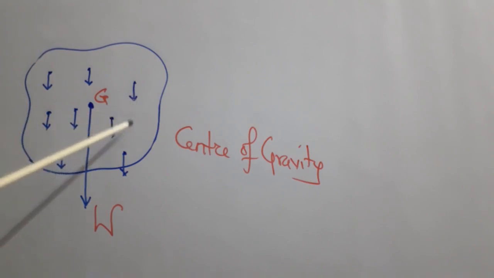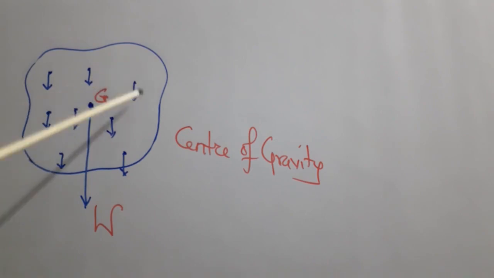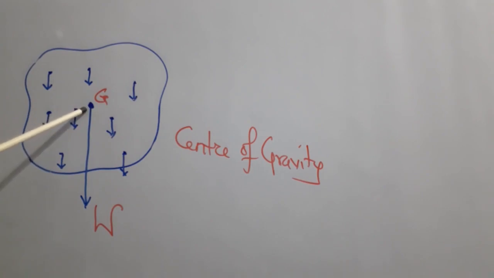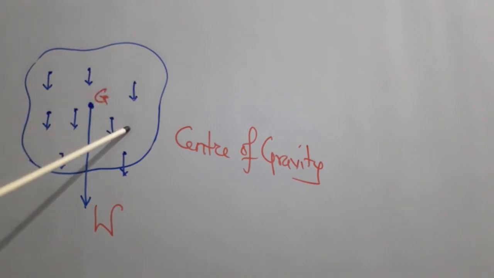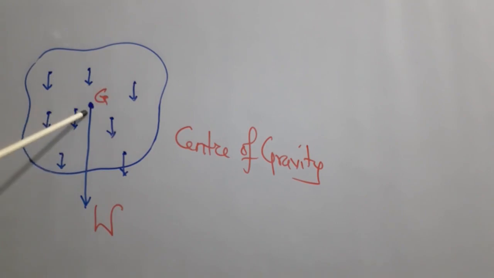And weight of all these particles will tend to rotate the object in clockwise direction. Now this point is located such that about this point, anti-clockwise moment produced by these particles will be exactly equal to the clockwise moment produced by these particles, right? So your object will be in balanced condition.